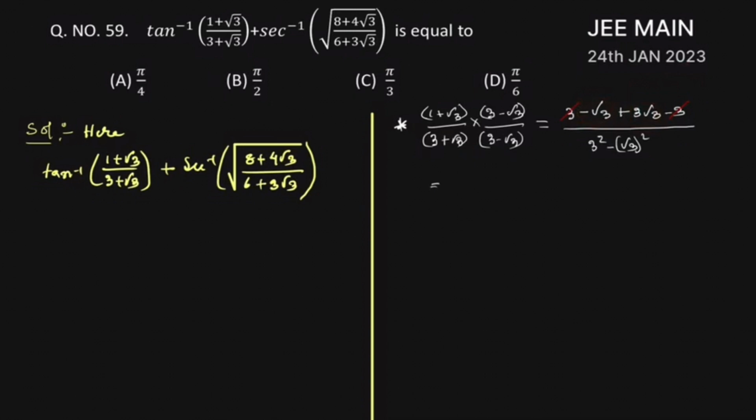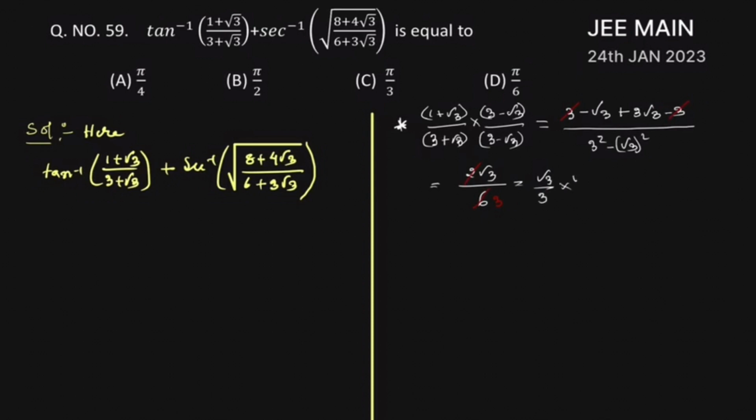Then this is equal to 2 root 3 divided by, 3 square is 9 and root 3 square equal to 3, which is equal to 6. So divided by 6. Then 2 times 3 is 6, which is equal to root 3 by 3.